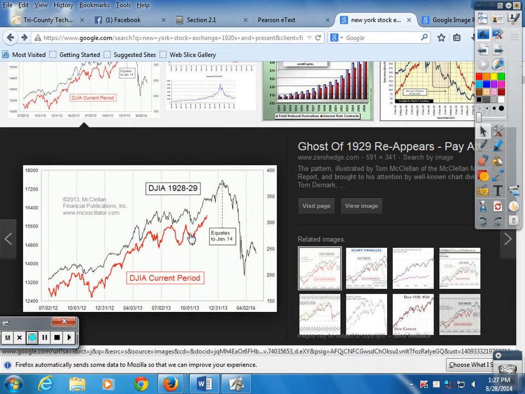Well, look at the New York Stock Exchange in 1928 and 1929, and look at the present stock exchange numbers. What do you see? I know, we already passed it.